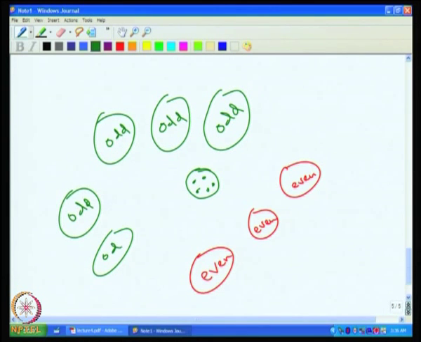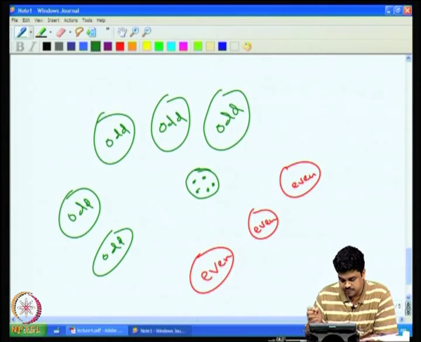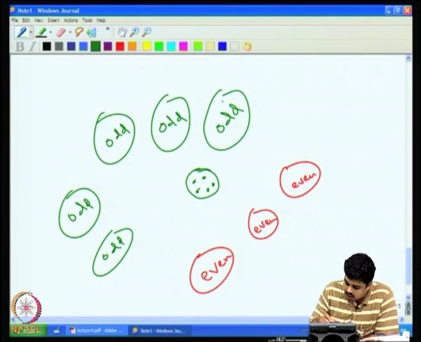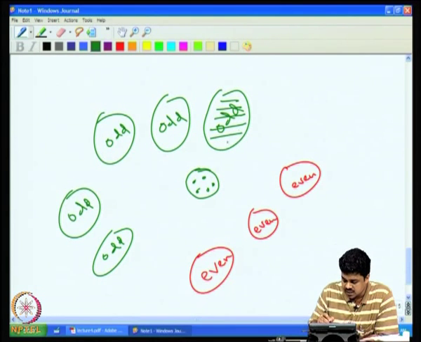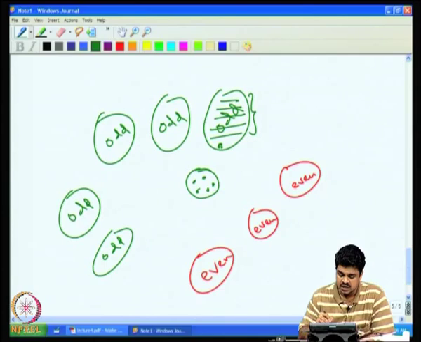Odd components. Now, if there is a perfect matching, this perfect matching will be matching things like this, but it is clear that at least one vertex will remain here unmatched. That means there is at least one vertex in this component that does not get a partner from the same component with respect to the matching we are considering.